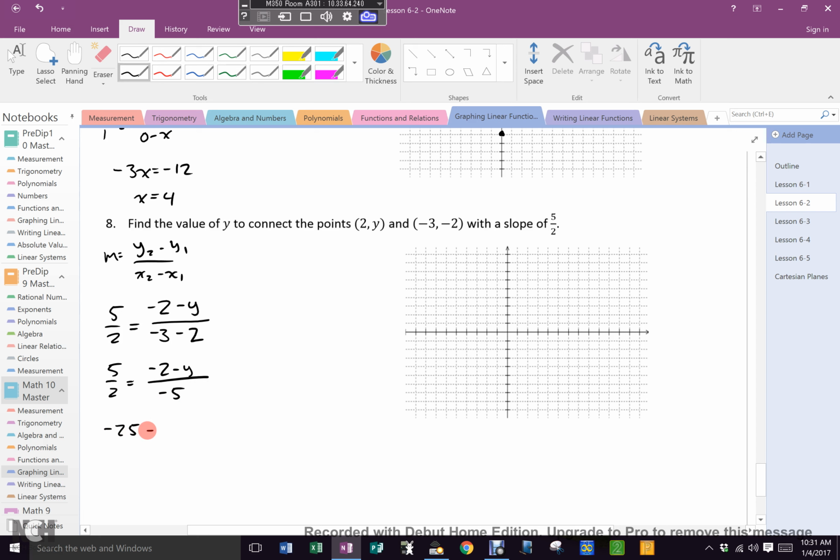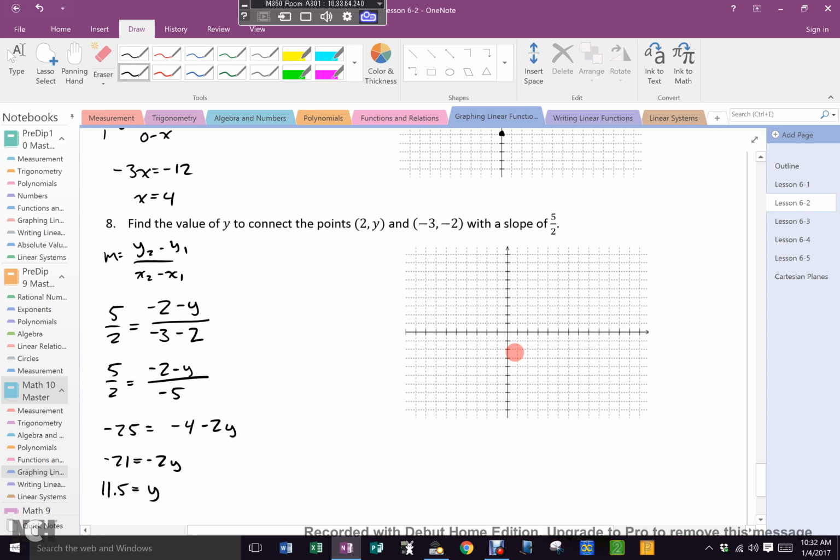Negative 25 equals negative 4 minus 2y plus 4. Negative 21 equals negative 2y. Y equals positive 11.5. Is everyone okay with that? Did you all get 11.5? I hope indeed that you did.